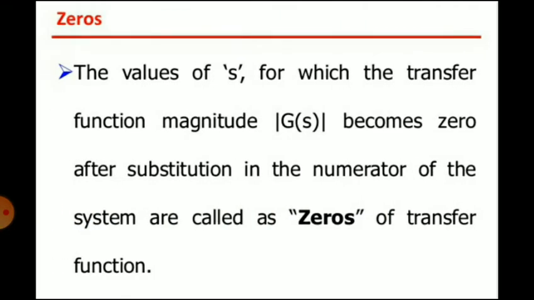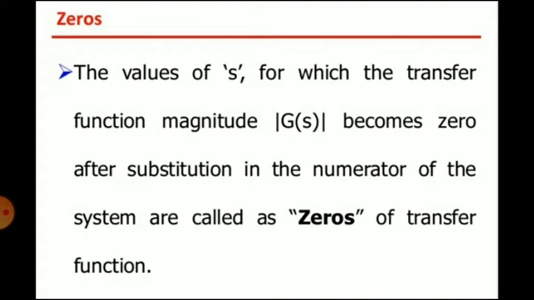Now we will see what are zeros. The values of s for which the transfer function magnitude becomes 0 after substitution in the numerator of the system are called zeros of a transfer function. So we can define them as the values of s which make the transfer function 0 after substituting in the numerator.